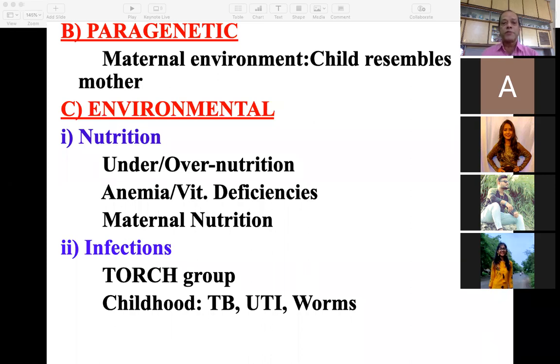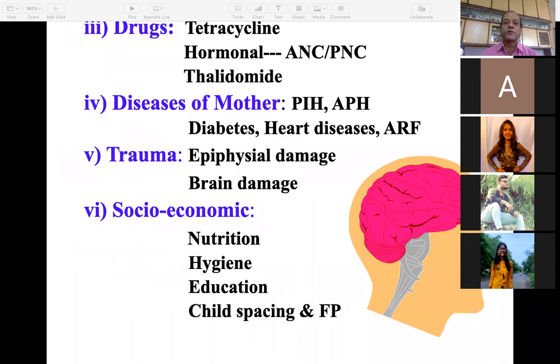Environmental factors are very important, and most important is nutrition, and everything including undernutrition, overnutrition, anemia, vitamin deficiency, and even the maternal nutrition will affect the growth and development of the child. Infections, we all know the TORCH group of infections, and then after birth, tuberculosis, chronic UTI, worm infestation will affect the growth and development.